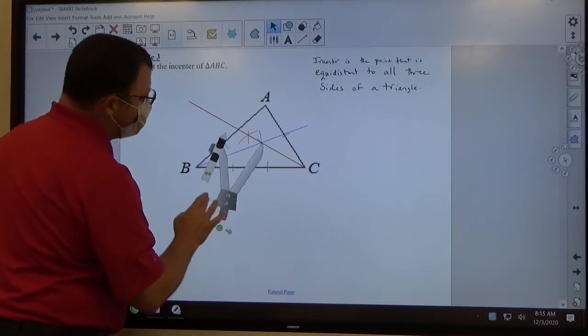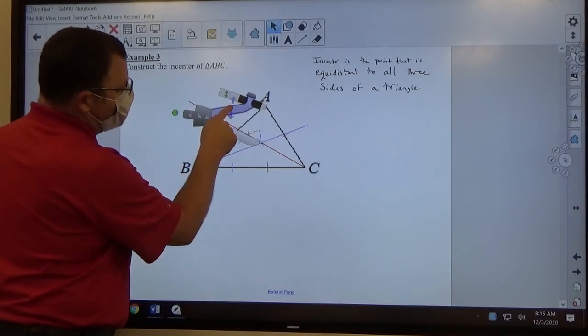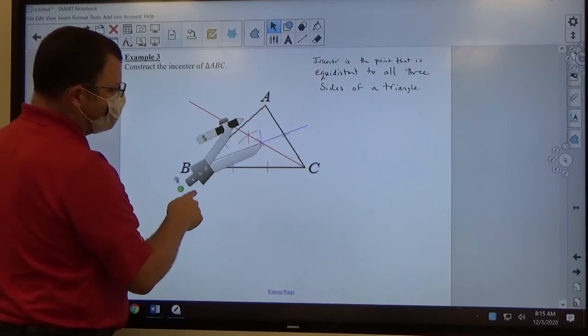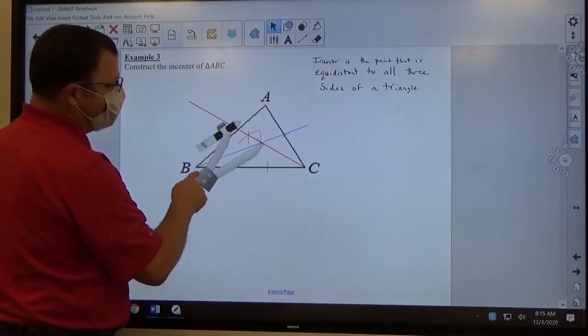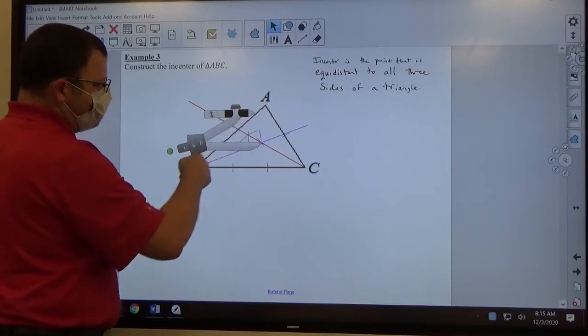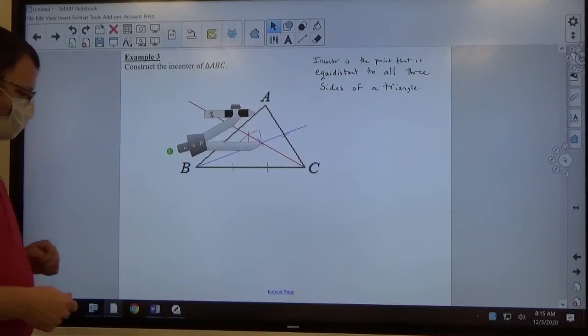So I'm going to slide my compass around. It's a little bit big, so I need to come in a little bit. I need to be able to intersect that side. So that's going to intersect the side in a couple places. Our goal here is to intersect this side or this side or this side. It doesn't matter which side you go with, but you want to intersect the side.